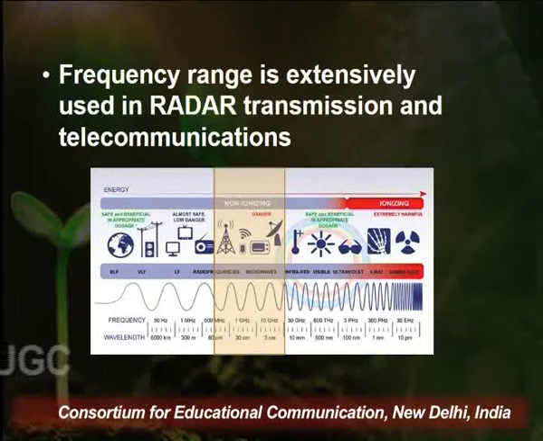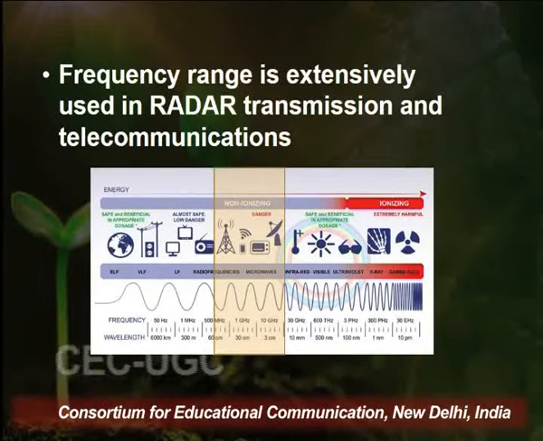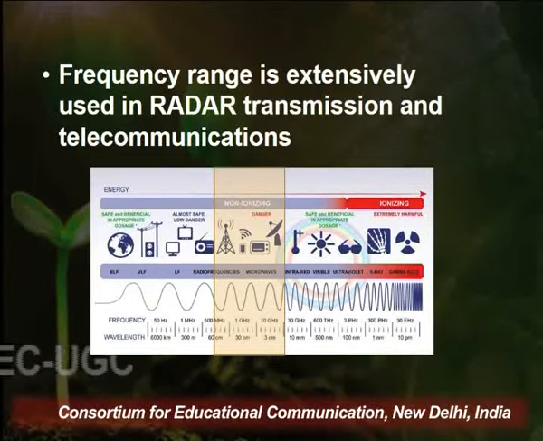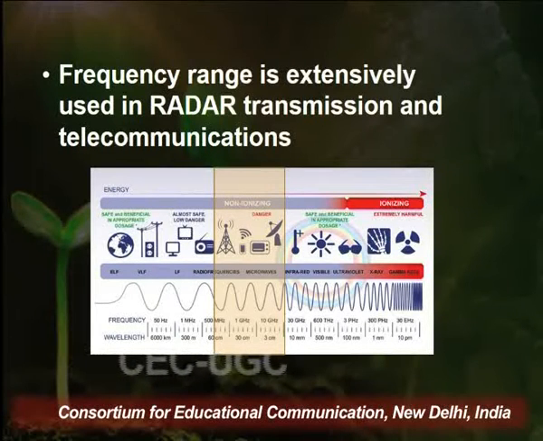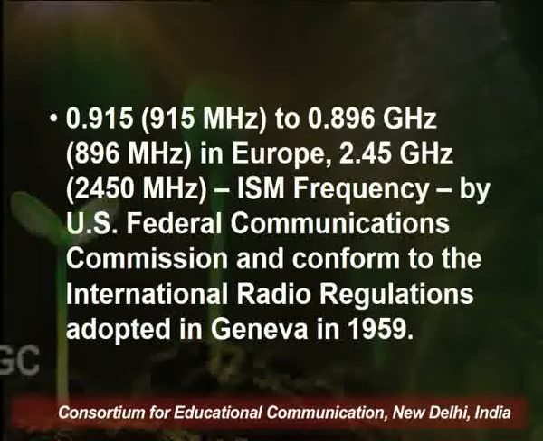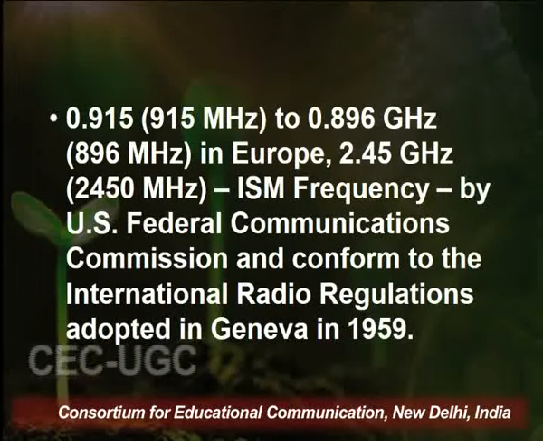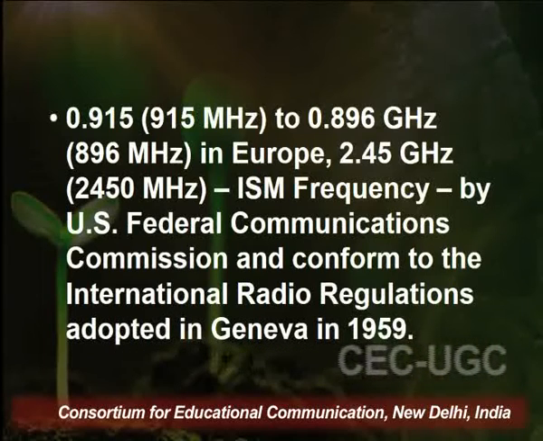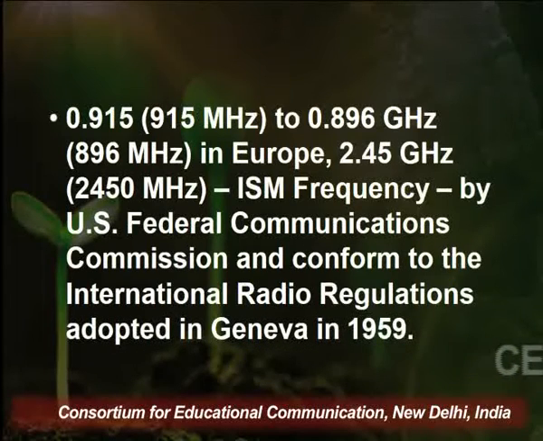Now this frequency range, 300 megahertz to 30 gigahertz, is largely used in telecommunications or radar transmissions. Apart from these important uses, microwaves are commonly used in households for heating purposes or for cooking food. Since they have a very broad range of frequency, a specific range of frequency was set up for non-telecommunication uses, and in Europe this is 915 megahertz to 896 megahertz.